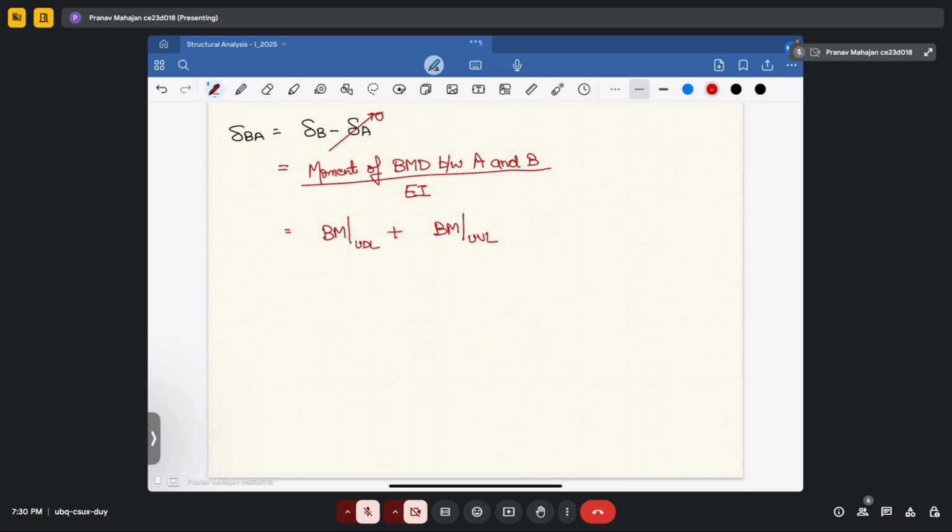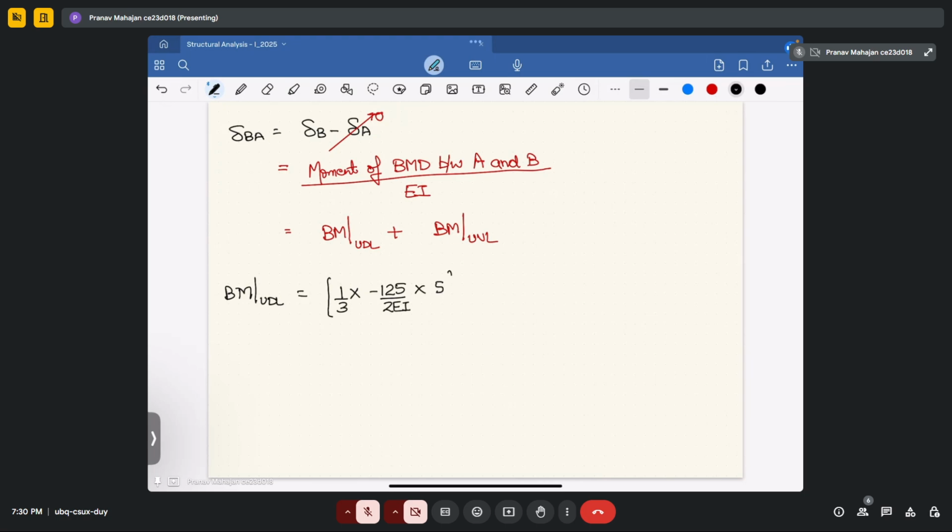So if I try to find it out, so your moment of bending moment diagram due to UDL, how it will look like? Area you have already know how to calculate, that will be 1 by 3 into minus 125 upon 2 EI into 5. This is your area.